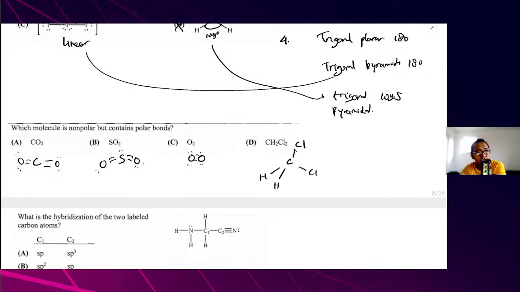And then we need to know the electronegativity and then molecular polarity. However, it's kind of complicated if we want to know everything from here. I mean, we need to have a simple explanation.